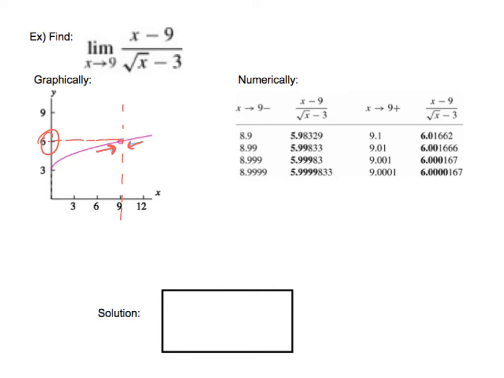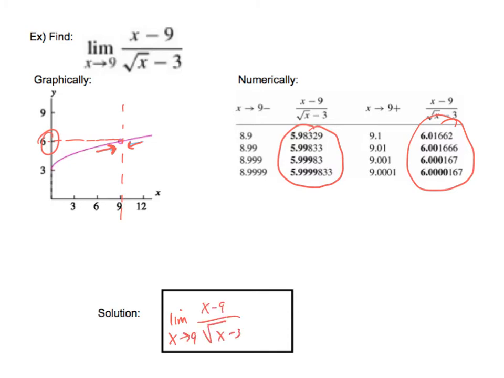Numerically speaking, numbers to the left of 9, 8.9, 8.99, etc., my outputs get close to 6. If I look at numbers just bigger than 9, 9.1, 9.0001, the numbers approach 6. So therefore, the limit as x approaches 9 of (x minus 9) over root x minus 3 is equal to 6.